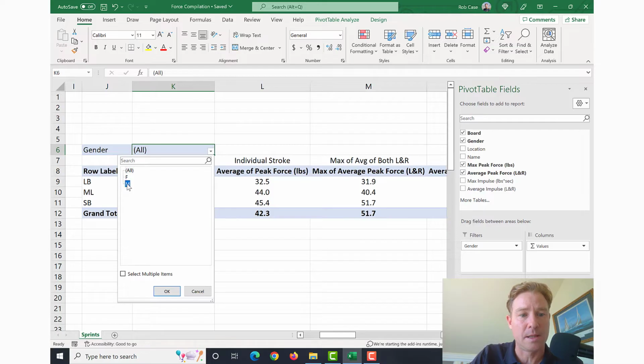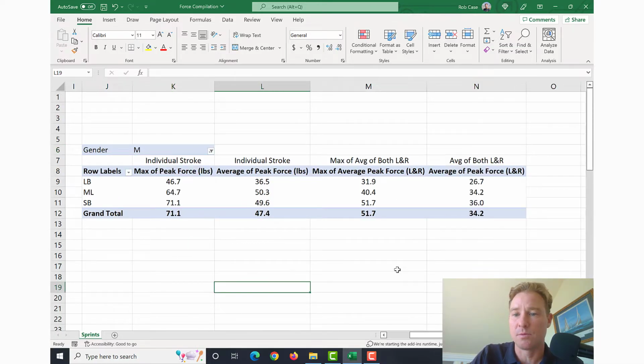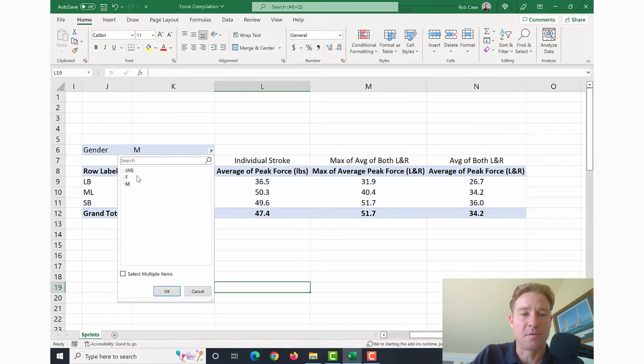So when we look at the men, and we narrow this down just to the men, you'll see there's where the 71.1 total is. Their max of the average is 51. So they're between kind of that 51 and 71. They're setting that benchmark, and the average of the peak force is around 30, 34.